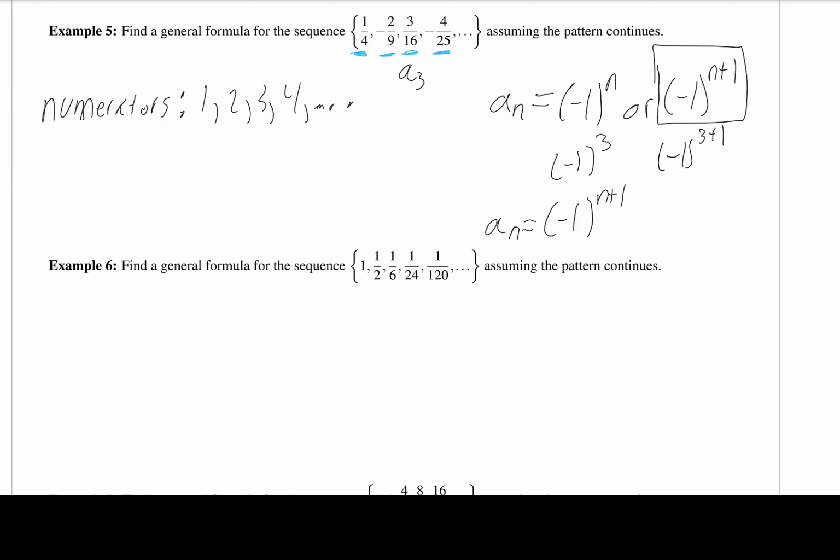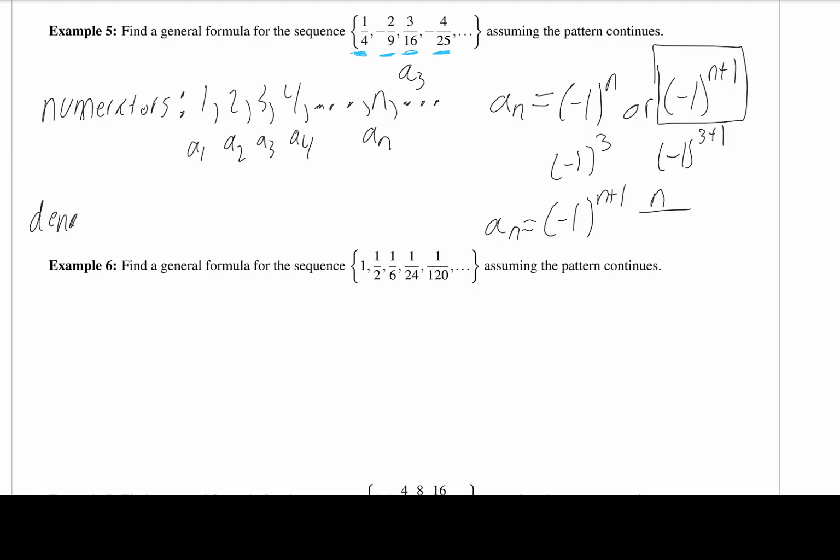And so that tells me that if this is a sub 1, this is a sub 2, this is a sub 3, this is a sub 4, then if I want the nth term, a sub n, it's just going to be n. So then over here, I need n divided by whatever formula we get for the denominator.